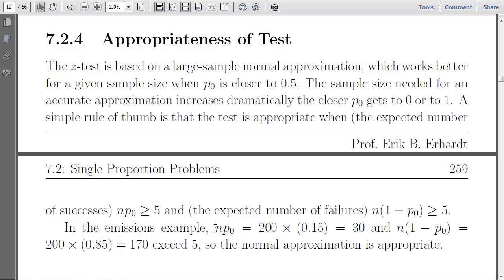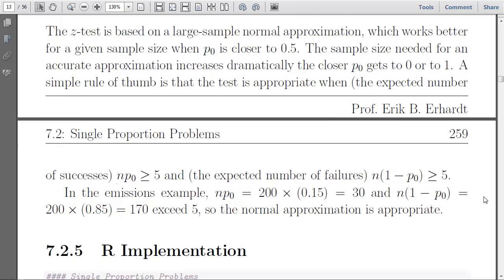So if your sample size times your hypothesized proportion is greater than 5, for success and for failure, if they're both greater than 5, then you can use a normal approximation. If not, there's also functions in R to do an exact test.